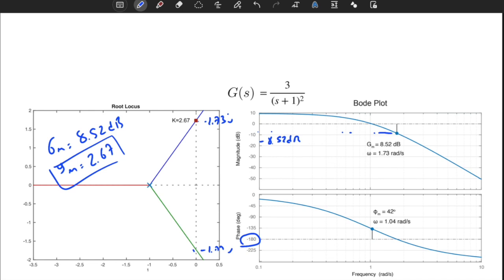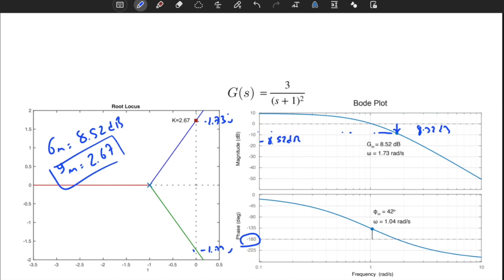It means that I'm below the critical line, which is the 0 dB line. That's really important, which means that I'm stable. The distance from the 0 dB line is equal to 8.52 decibels, which means that my gain margin is larger than 1, which is a good thing, provided that my phase margin is also larger than 0. Good. That's nice.